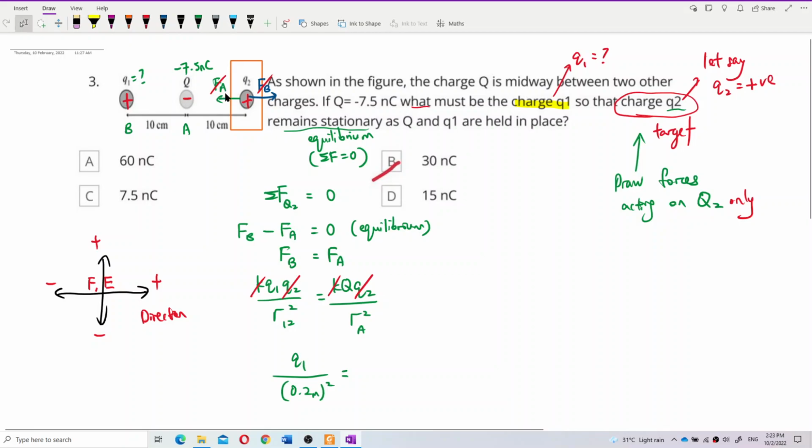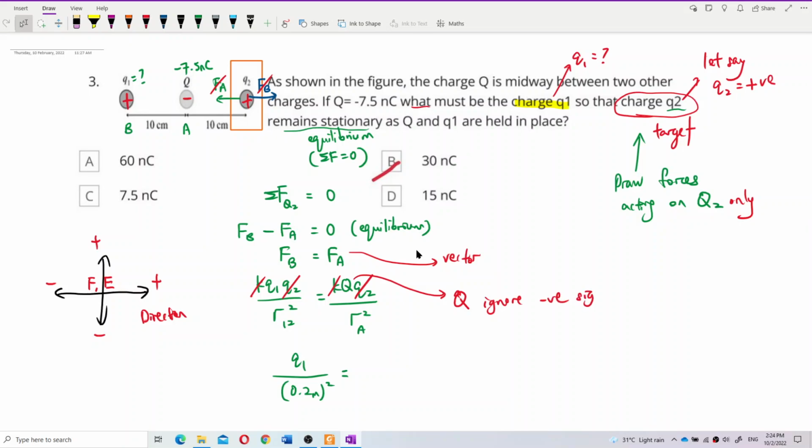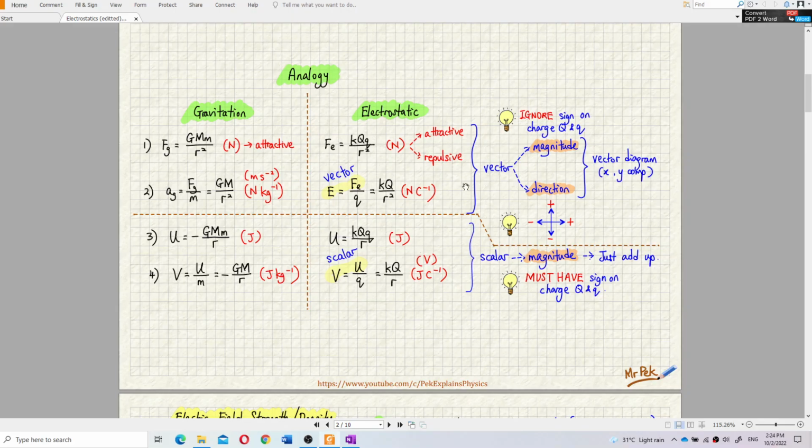Force is a vector, isn't it? For the charge, I know big Q is a negative charge, but ignore the negative sign. I told you already last time: when we want to find the magnitude of any force, we ignore the sign on the charge.